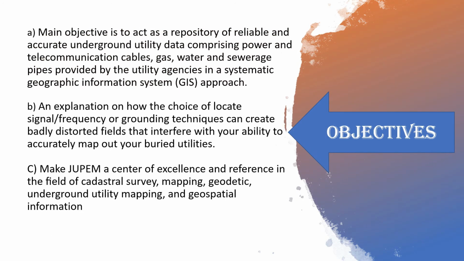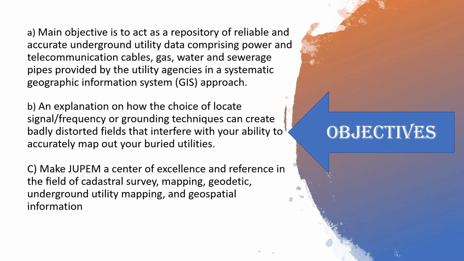Objective. First, the main objective is to act as a repository of reliable and accurate underground utility data comprising power and telecommunication cable, gas, water, and sewerage pipe provided by the utility agents in a systematic geographic information system approach.